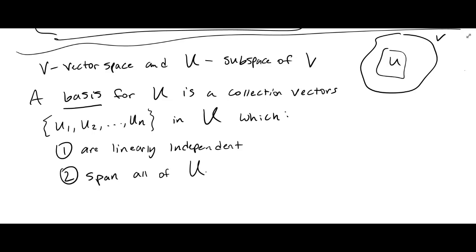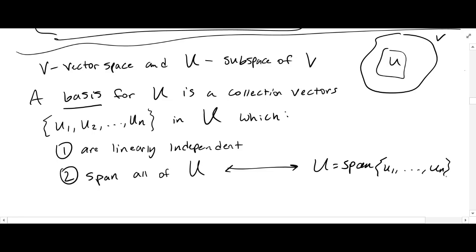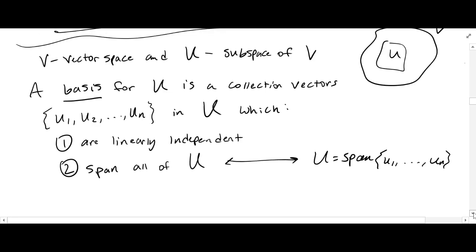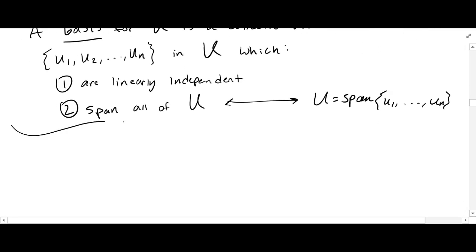This condition means U is the span of U1 through Un. So some examples of basis would be, we can find bases for the column space and the row space and the null space.